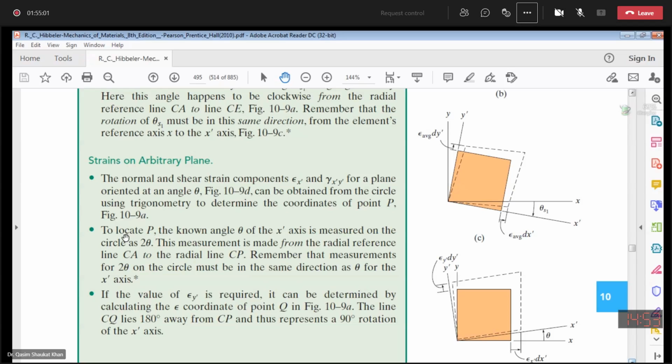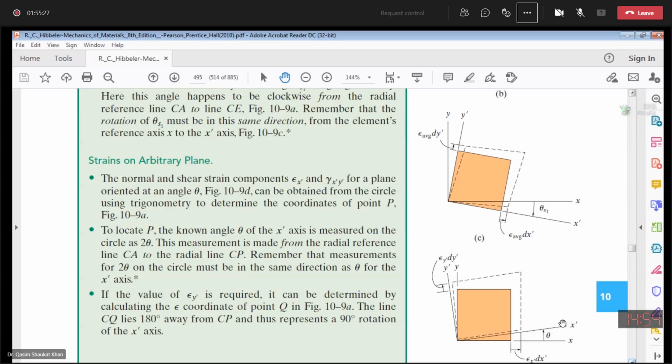No, sir. So now this point, basically they are saying that this point will give us epsilon x dash and gamma x dash y dash. But now if you need to calculate epsilon y dash, we know that the angle between x dash and y dash is 90 degrees.